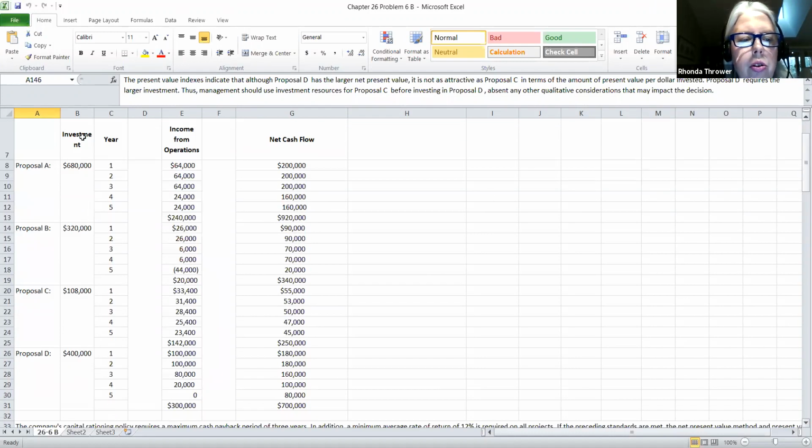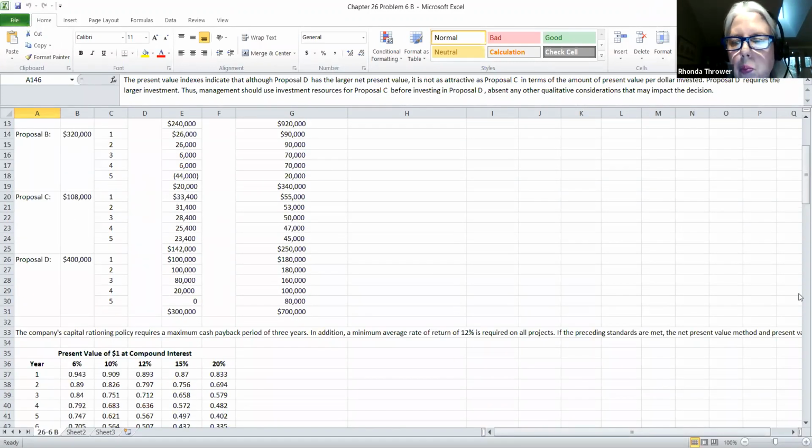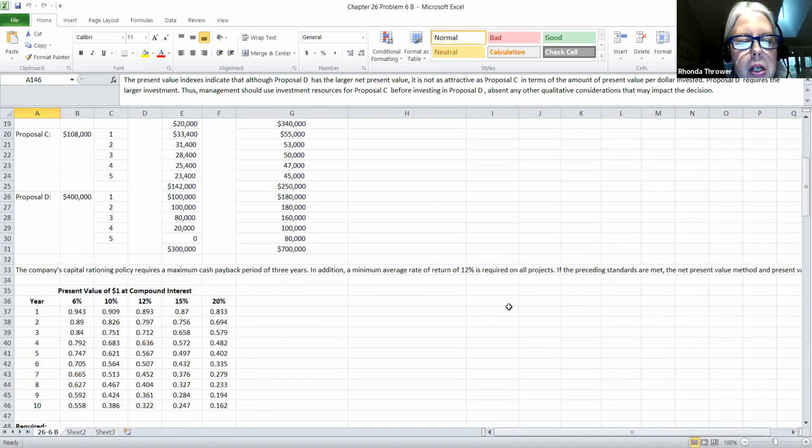So what we're going to do is rank the four proposals. They're telling us in this example that the company's capital rationing policy requires a minimum cash payback period of 3 years.